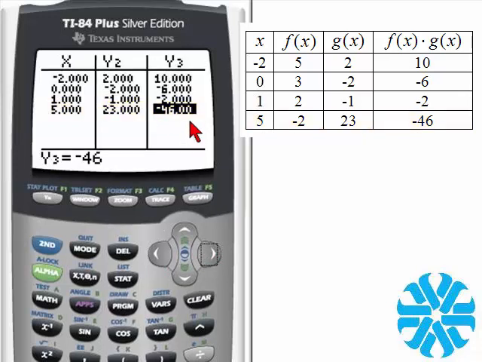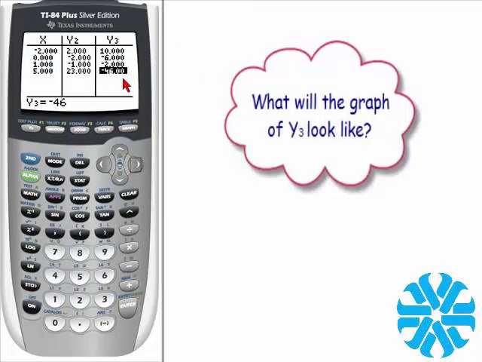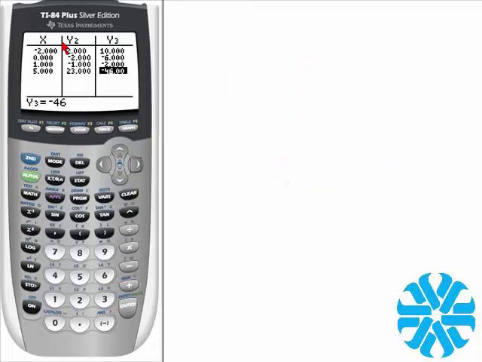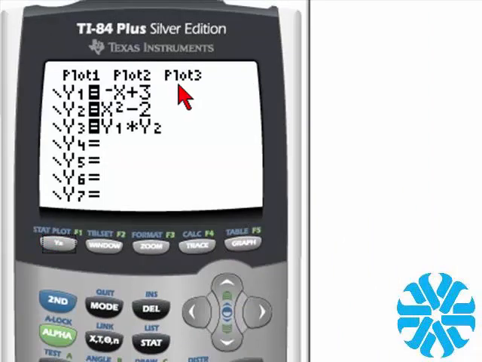Now let's just take a moment to think about what the graph of y3 would look like. We already know that y1 is a linear function, that's a straight line, and we already know that y2 is a quadratic. Just go back to look at that. So here's our linear, here's our quadratic, but what would the product of these two be?